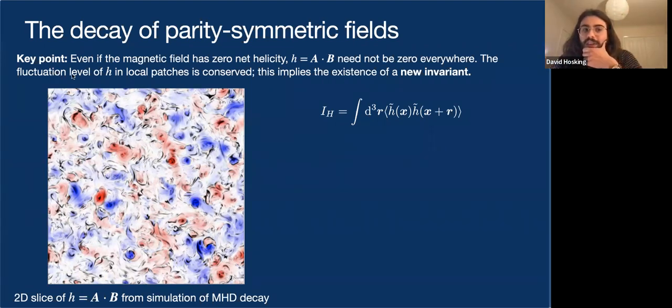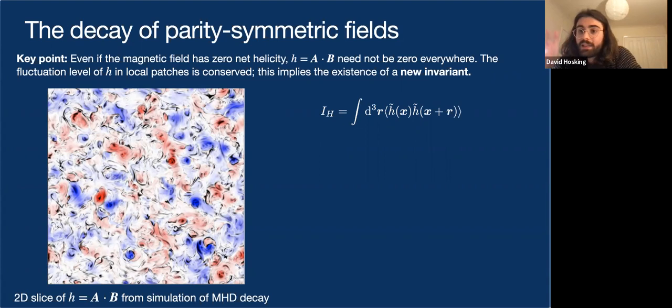The point is that the fluctuation level of the magnetic helicity in local patches is conserved, and this implies the existence of a new invariant. This is the new invariant that I'd like to put to you. But you'll immediately notice that this is precisely the Saffman integral with u replaced by magnetic helicity.